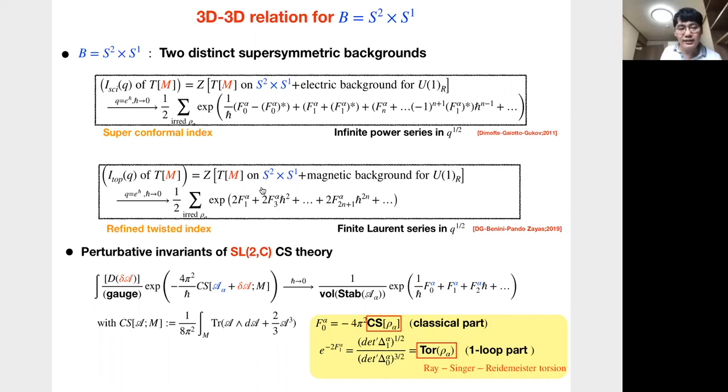On the other hand, this twisted index, this Hahn-zero limit, is well defined. This also reflects that this is a finite Laurent series in q^(1/2) because the q = 1 limit is well behaved. So these are the 3D relations for two supersymmetric backgrounds, which were studied by Kite recently.